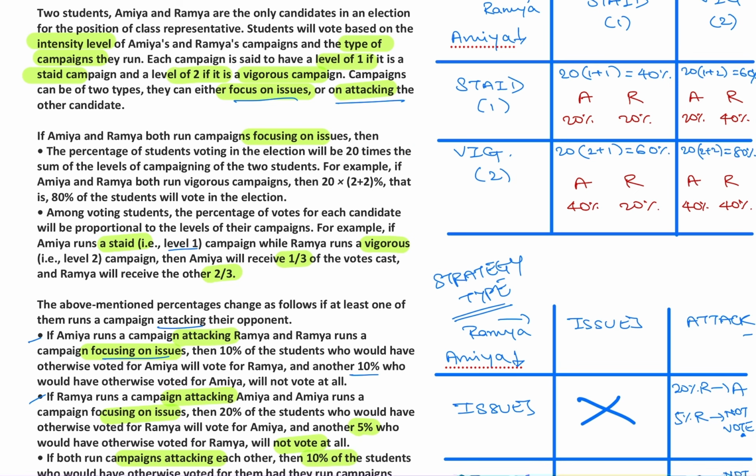So it should be pretty clear if you can understand it. I'm just trying to explain it anyway. So we'll take cases where A is 40 and R is 20, and we'll also check for A is 20 and R is 40.